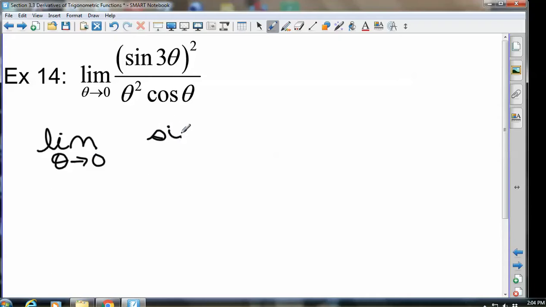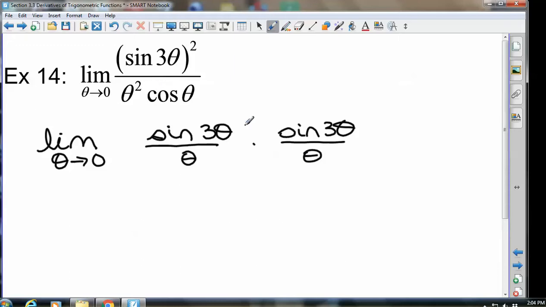So sine 3 theta squared. I have a theta squared, so I'm going to put a theta under each of them. I have this cosine on the bottom, so I'm just going to leave that as 1 over cosine theta.